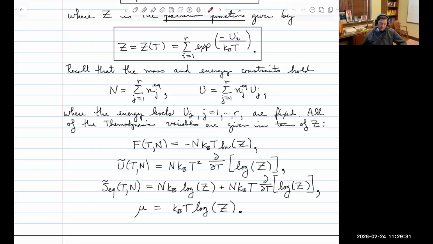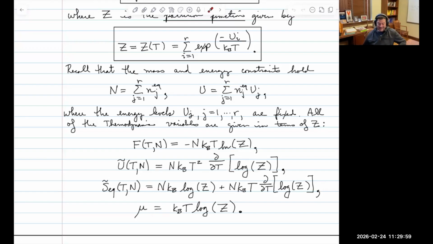For example, if you remember studying the harmonic oscillator in quantum mechanics, then the energy levels are discretized. There's a ground state energy, and then there's a next higher energy, and so on. The energy levels go up off to infinity, but in this case, we're only considering a finite number of energy levels.